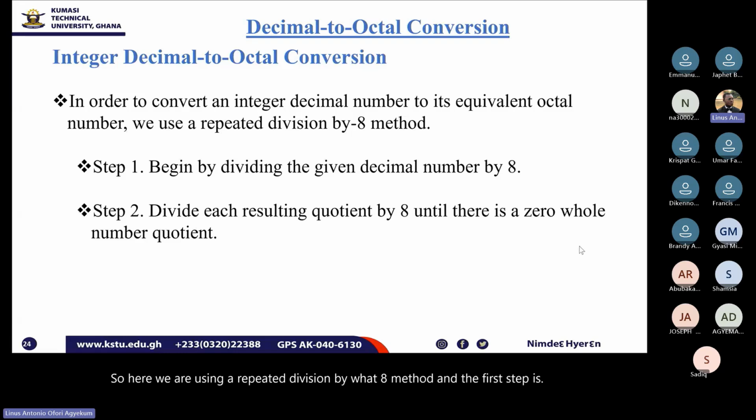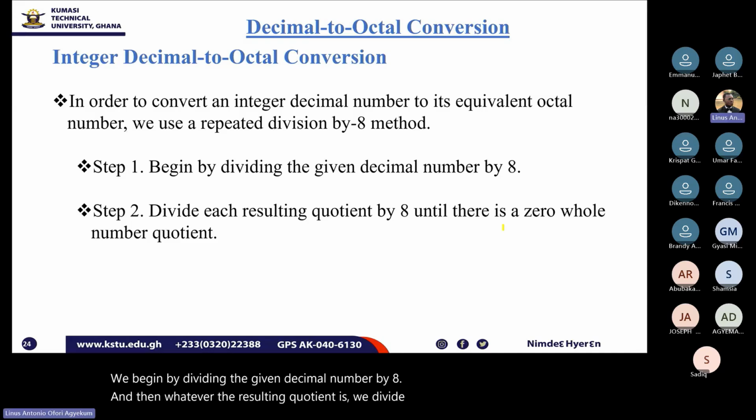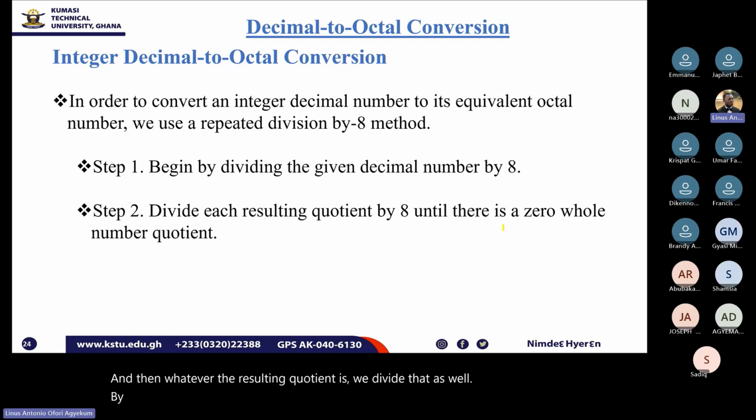And the first step is we begin by dividing the given decimal number by 8. And then whatever the resulting quotient is, we divide that as well by 8 until there is a 0 whole number quotient. Okay?